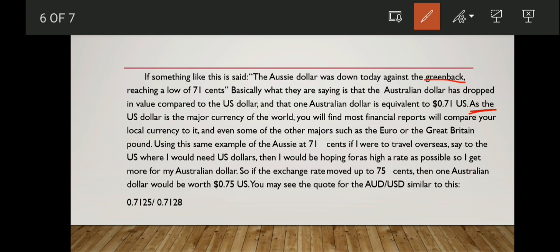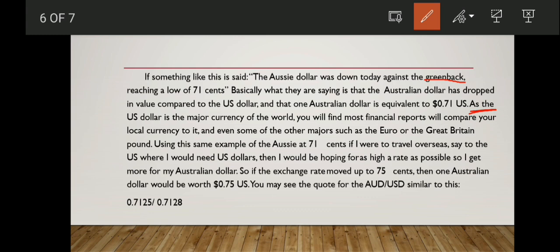So if the exchange rate moves up to 71 cents, then one Aussie dollar would be worth 0.71 USD. So what they are saying is, if I bought one Aussie dollar, it equals 71 cents, that's it, 0.71 USD.